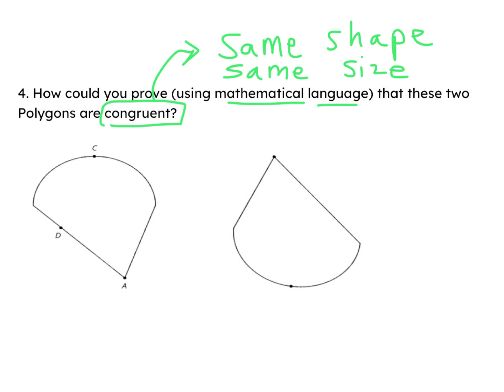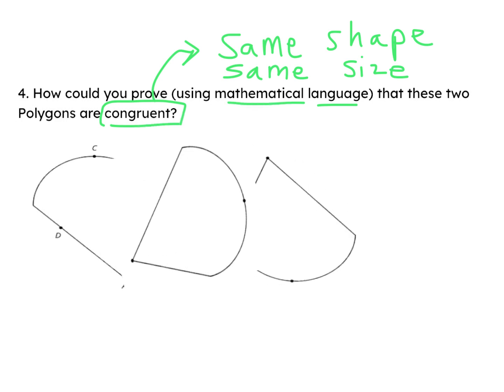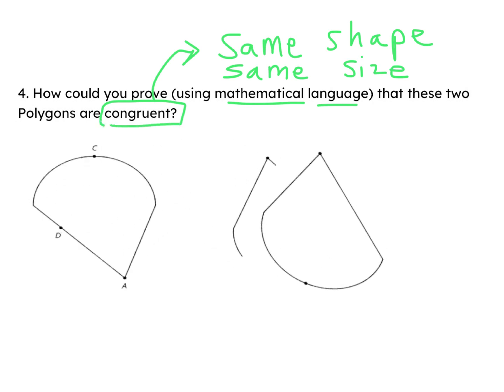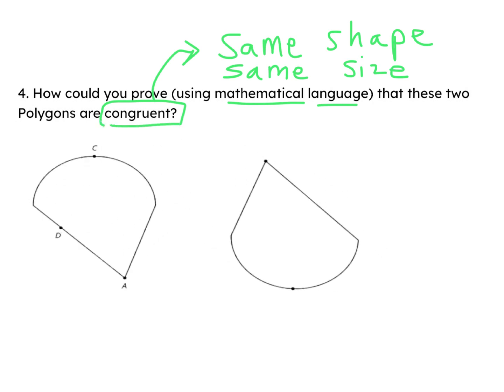Well, one thing I notice, and since I'm able to do this on this program, I can rotate the polygon and it fits exactly inside itself. So one thing we could say is a rotation can be applied to the figures, and then they would be congruent. They would fit inside itself. So that's one piece of mathematical language we could use.